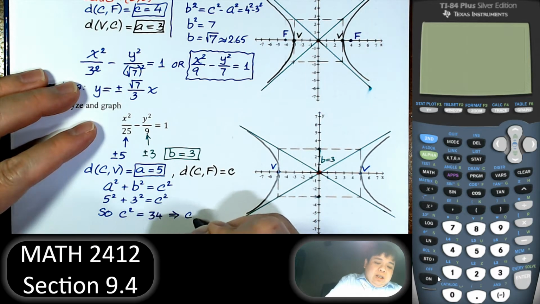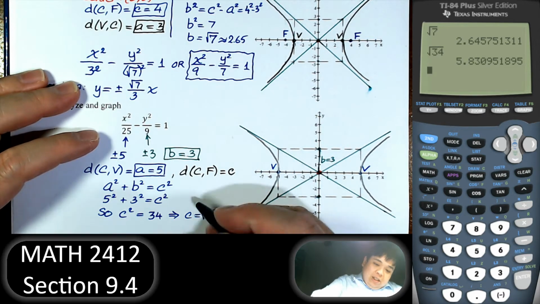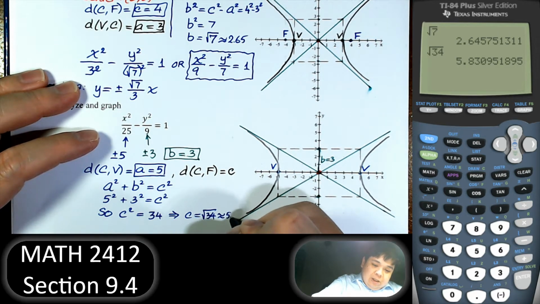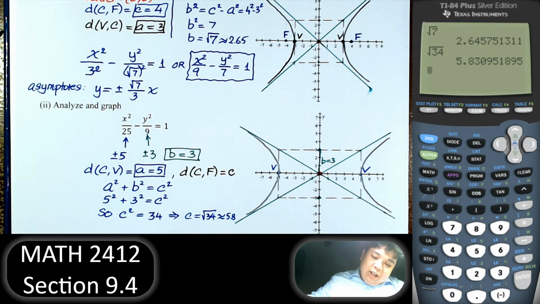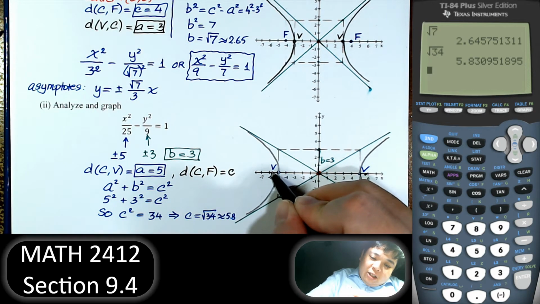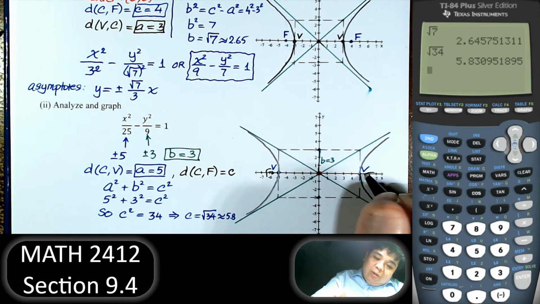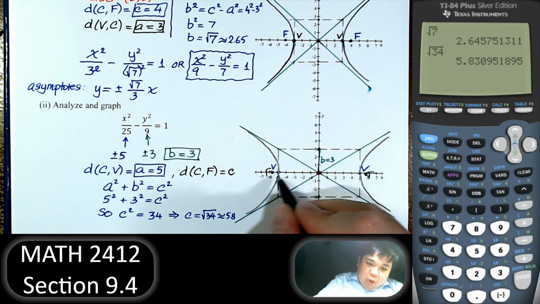So c is square root of 34, which is about 5.8. So the two foci will be about 5.8 from the center, but we have two foci on the outside. So those are the foci, about 5.8 away from the center.